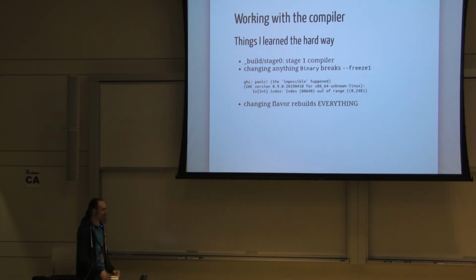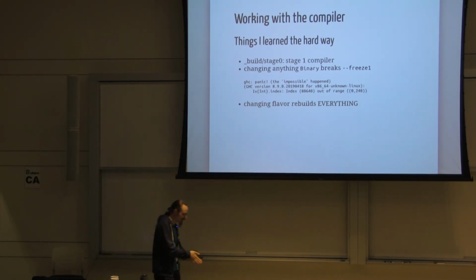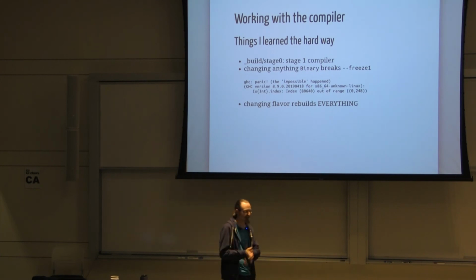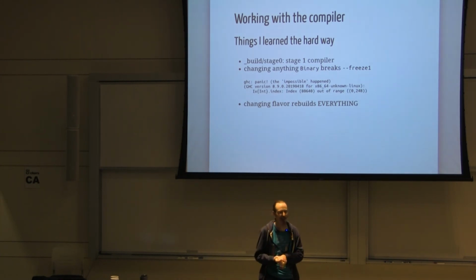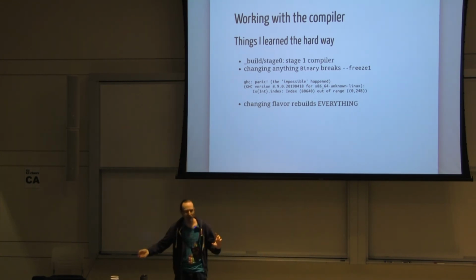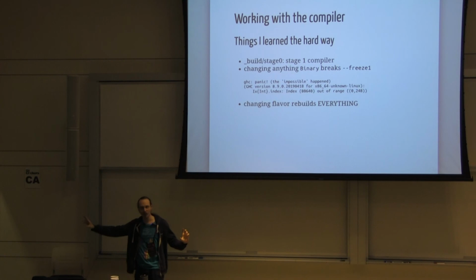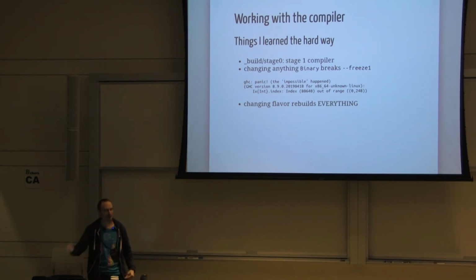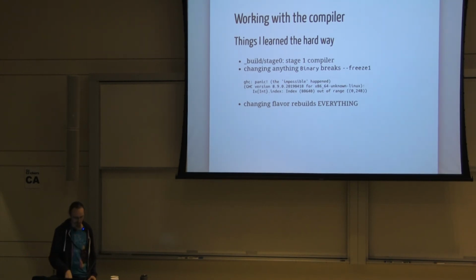And that basically means as soon as you change something in Binary, you cannot rely on the current compiler anymore, which means you now have to have a working compiler. You can run no more tests over it, but your compiler has to compile fully and be able to compile itself fully before you can run the tests again. Because the tests build on the stage 2 compiler and then on the stage 1 compiler, which is a bit annoying.